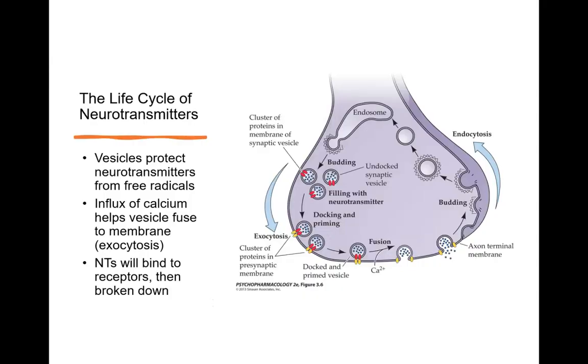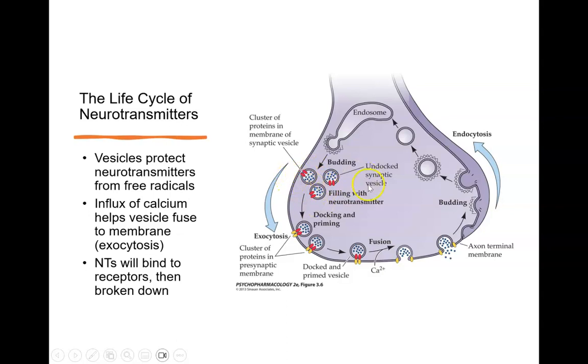So I want to talk a little bit about the general life cycle of neurotransmitters before talking about what happens when neurotransmitters are released into the synapse. So I mentioned already, neurotransmitters are basically going to be packaged into vesicles.